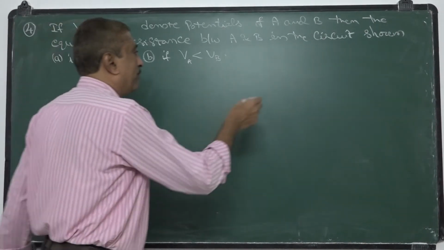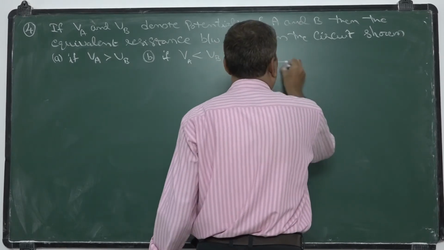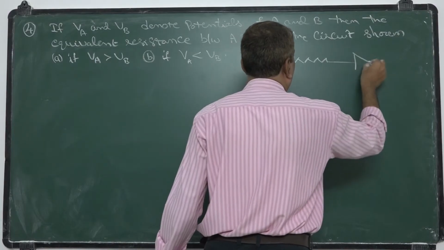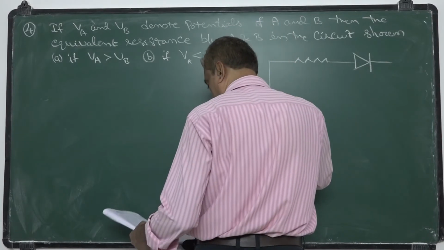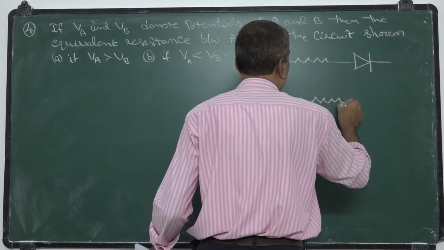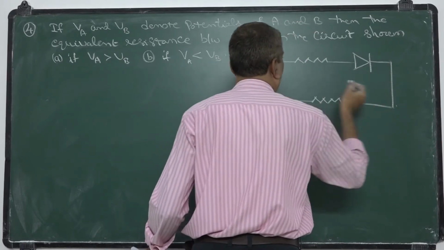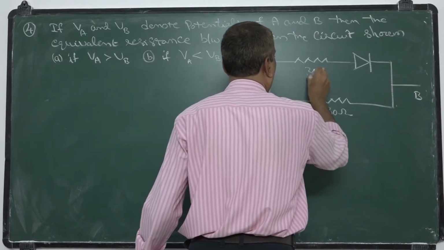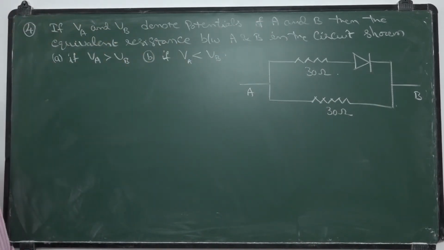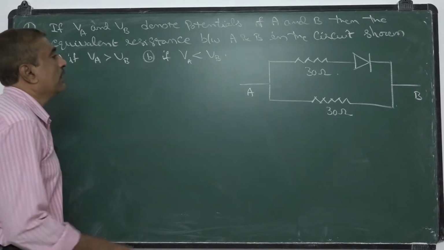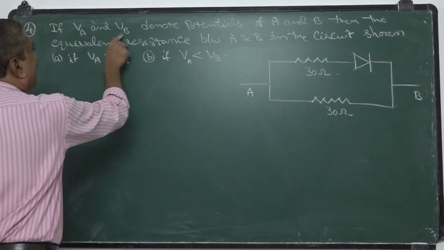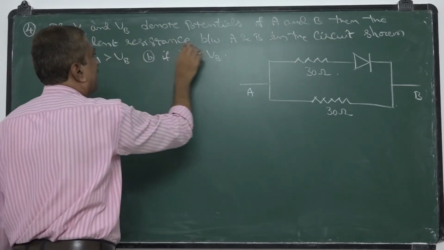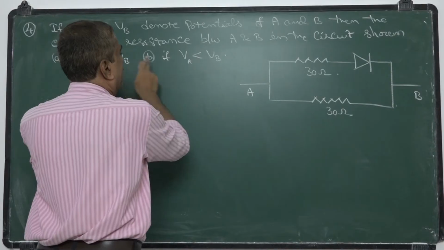Now the given circuit is this. The problem is, if VA and VB denote the potentials of A and B, then what is the equivalent resistance between A and B in the circuit shown, if VA is greater than VB and VA less than VB.